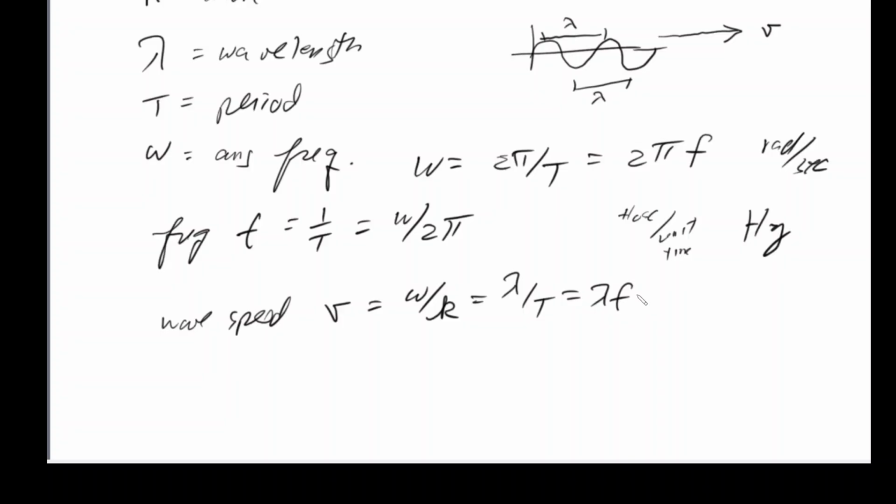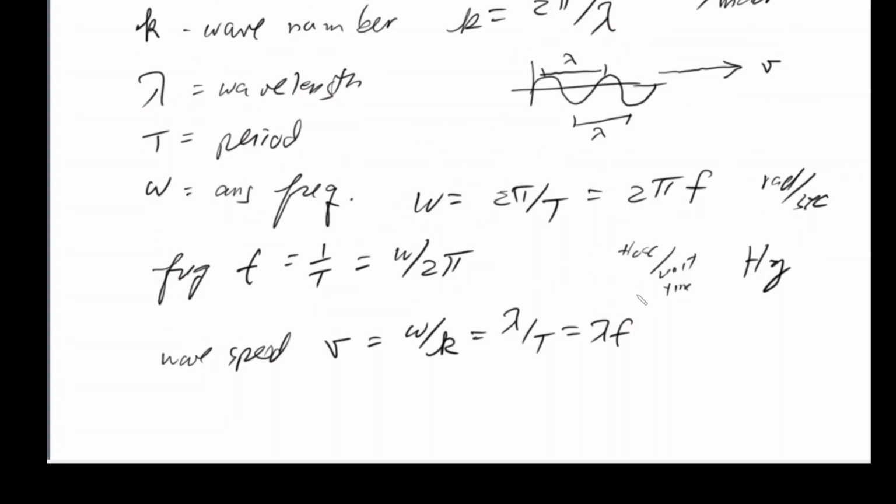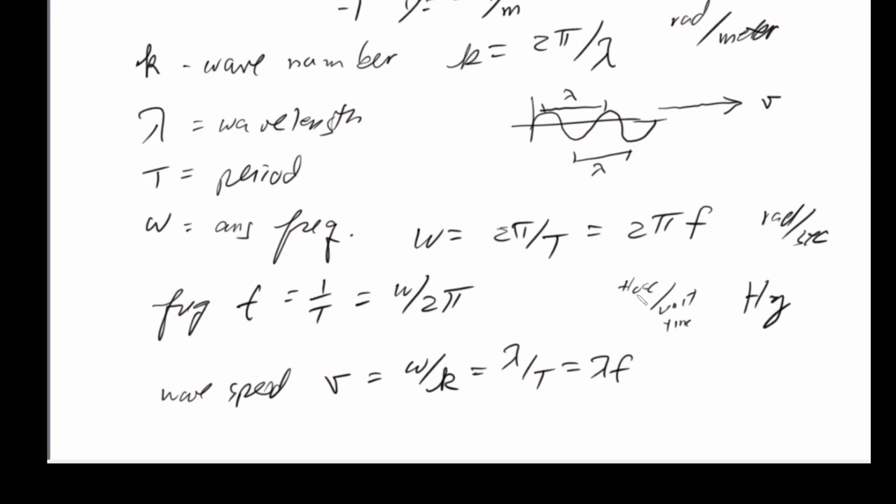And this is the speed of the wave through the medium. And I'm giving you all these values and definitions because when we do problems, we may use v in these different forms.